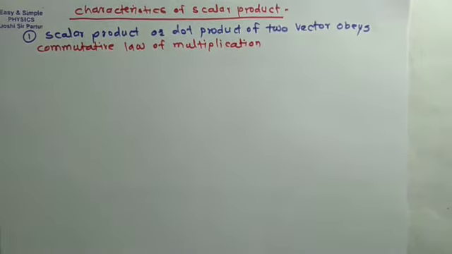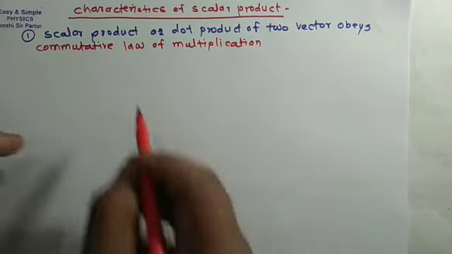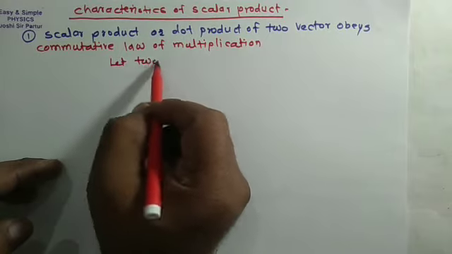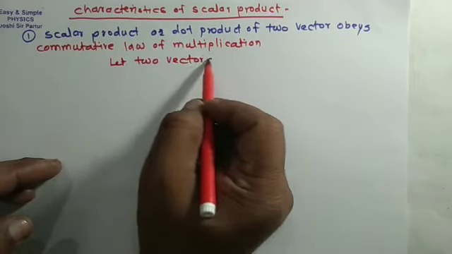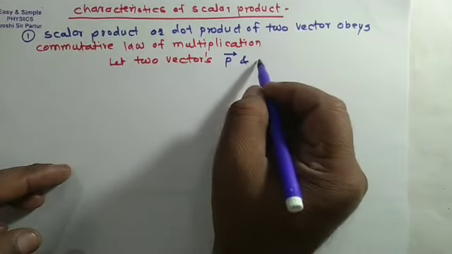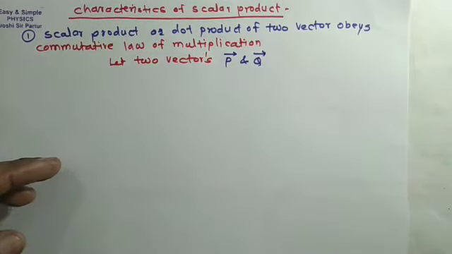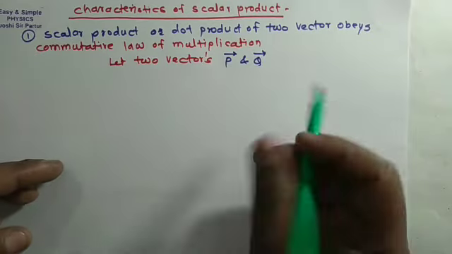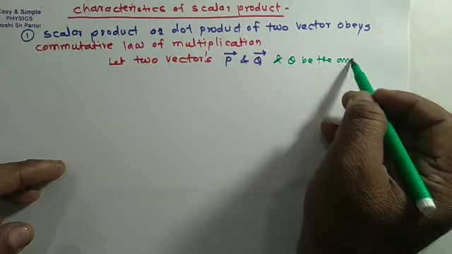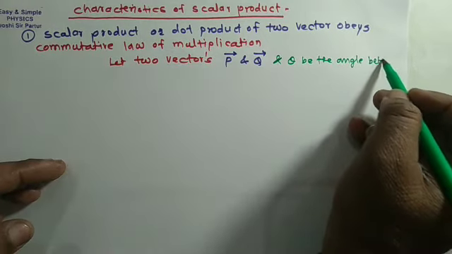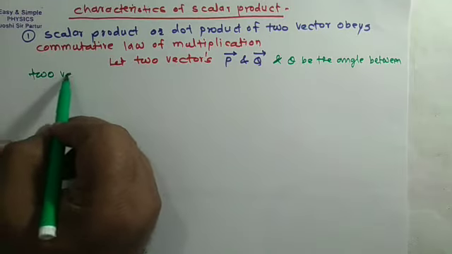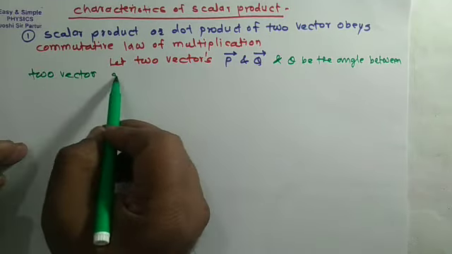So what is the commutative law of multiplication? Let two vectors P and Q have theta as the angle between them.